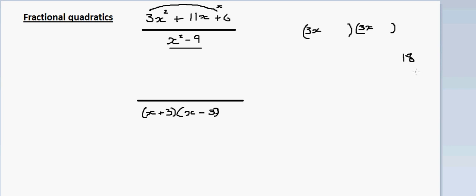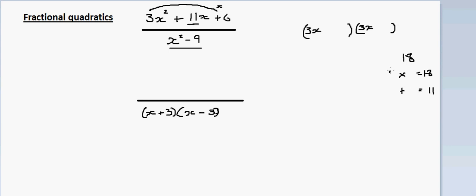Okay, so what I need to know is what times what will give me 18, and then what plus or minus these same numbers will give me the middle value, which is 11. Okay, now I know 6 times 3 gives me 18, but 6 and 3 together will only give me 9, so that's no good.